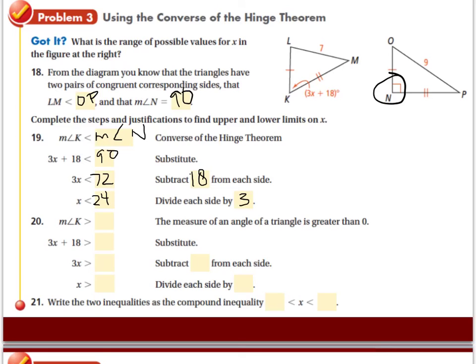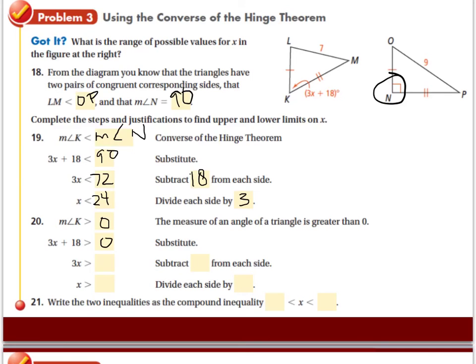The measure of an angle of a triangle is greater than 0. The measure of angle K is greater than 0, so 3x plus 18 is greater than 0. I had a senior moment there for a second.